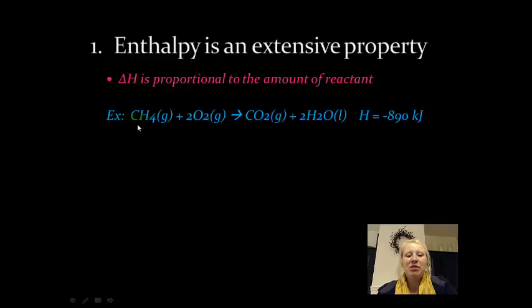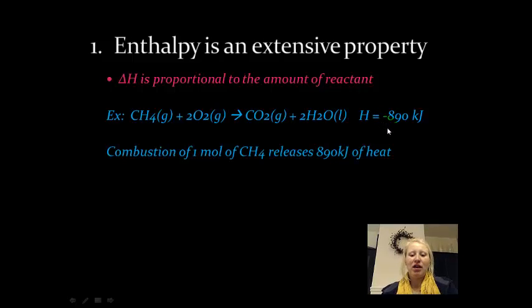Here's an example. We have methane being combusted to form CO2 plus water, and this equation is balanced. When this happens, the delta H, or change in enthalpy, is 890 kilojoules, and it's exothermic, so it's negative. This is for 1 mole of methane, because the coefficient here is 1.